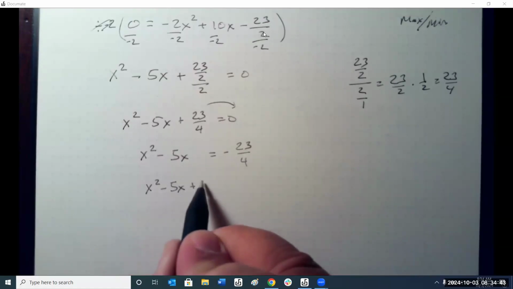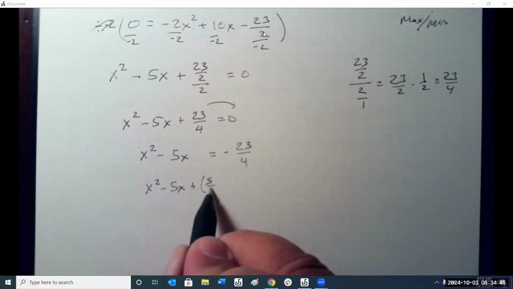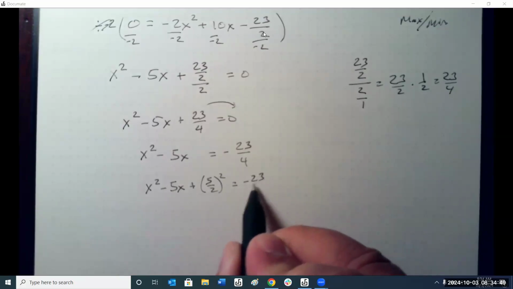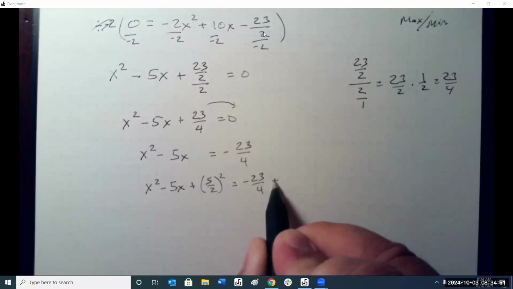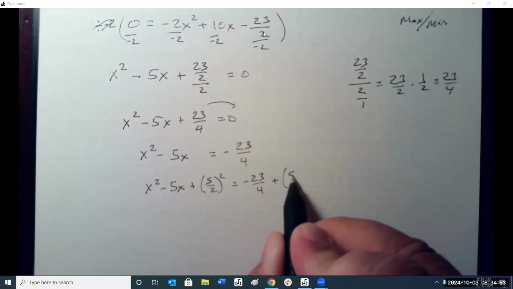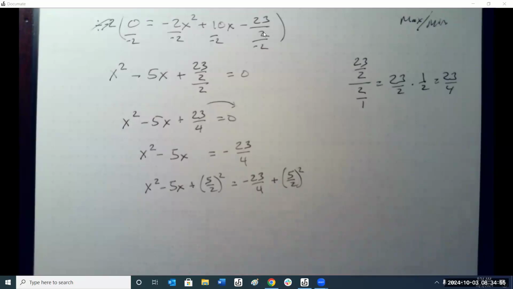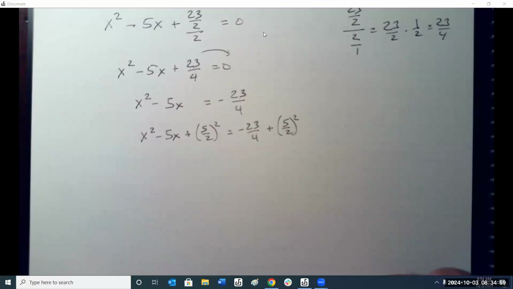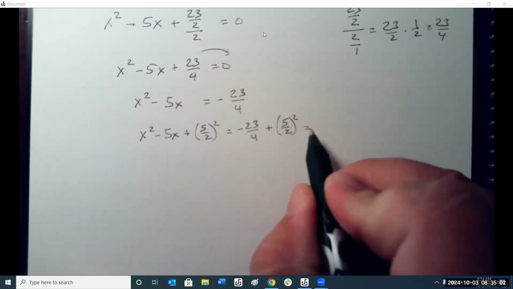Now we have to add b over 2 squared to both sides. Leave that alone. I can't do any further. We have to fix this side.